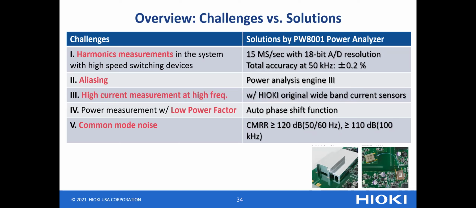These two technologies increase CMRR, or common mode rejection ratio. The common mode rejection ratio is 120 dB at 50 and 60 hertz, and 110 dB at 100 kHz. So we can confidently do accurate power analysis with the PW8001 and current sensors.